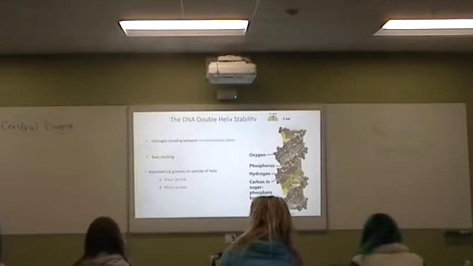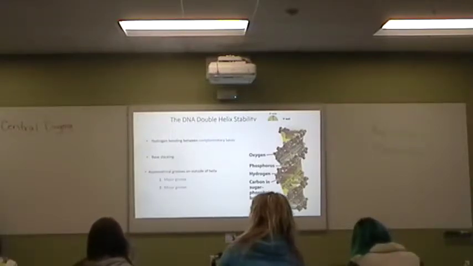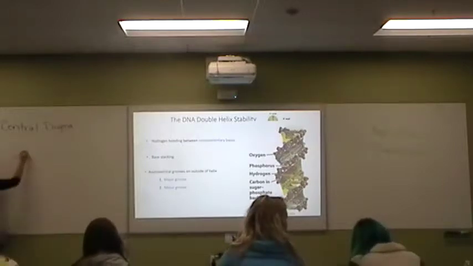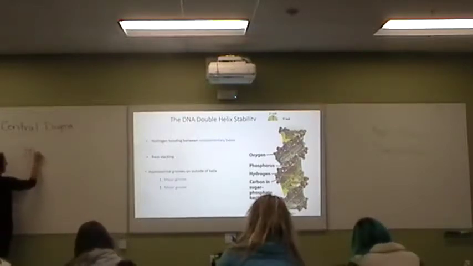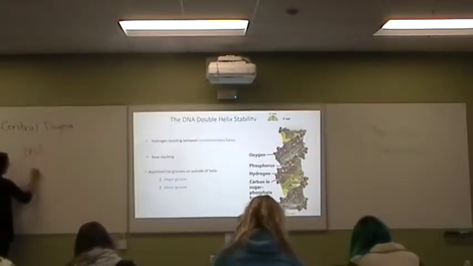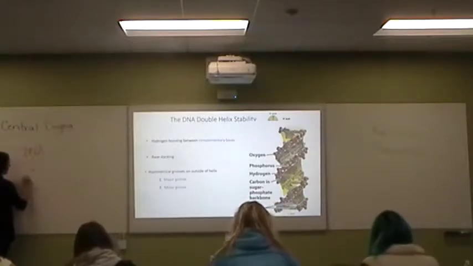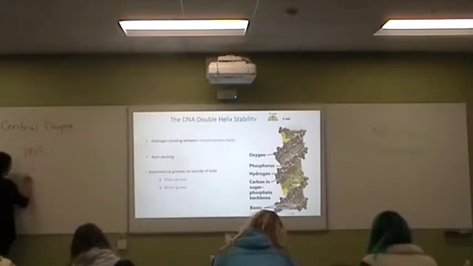Sorry. What is our central dogma? DNA to RNA. Okay. RNA to protein, protein to phenotype. Okay. You said DNA to RNA? Yeah. I'm going to make an mRNA.